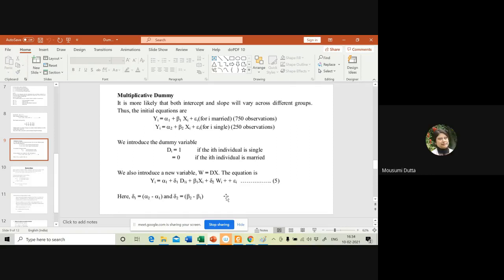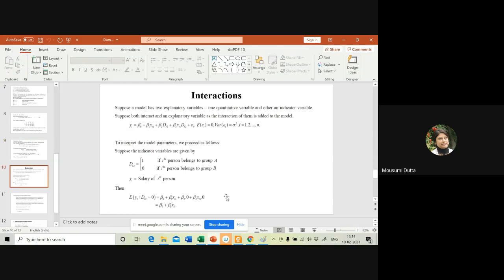So I hope you are now understanding how equation 1 and 2 can be accommodated in a single equation like equation number 5. Okay, anyone else, any other question? Okay, so I'm not considering this one.